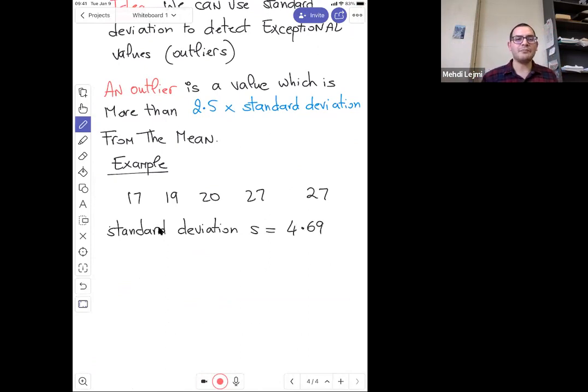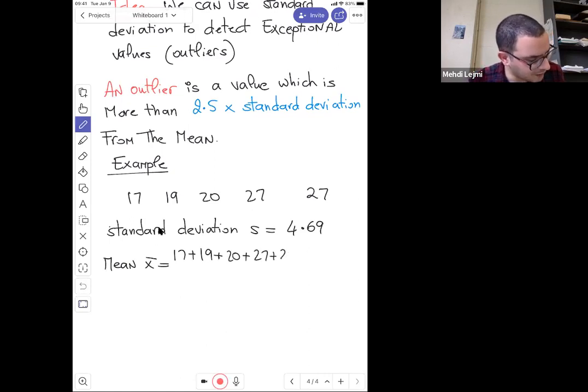Now, what's the mean of this example? The mean, X bar, is the sum of the numbers, 17 plus 19 plus 20 plus 27 plus 27, divided by 5.